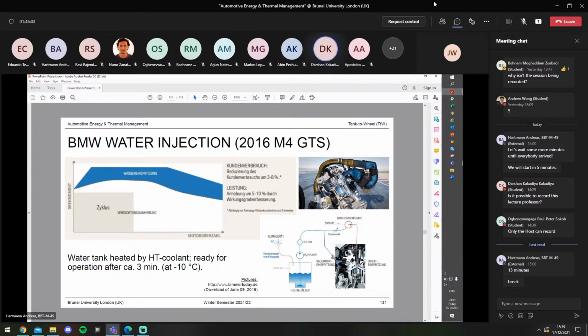Oh my god. So what happens if you inject water in the combustion engine? You mean directly into the engine? Exactly, yeah. Water compression ratio is higher than that of gasoline. I think it will damage it.